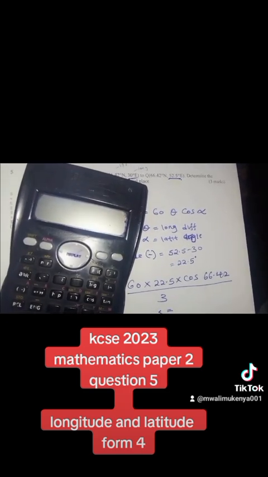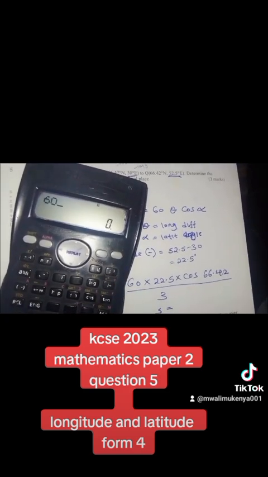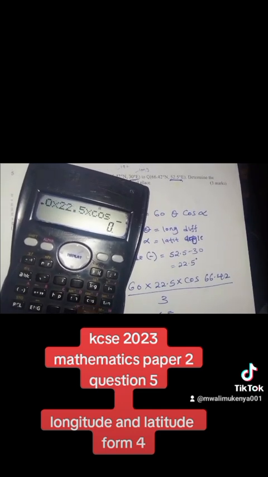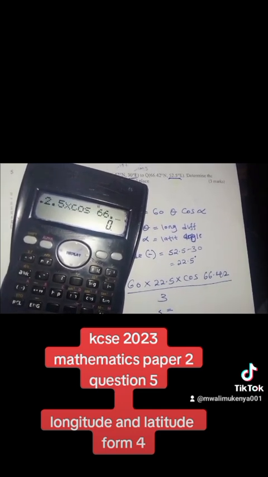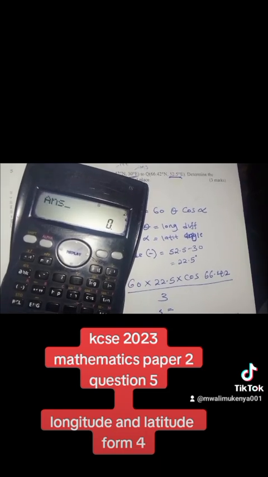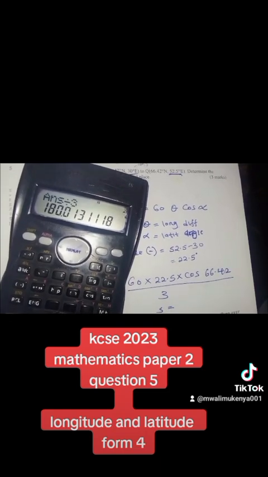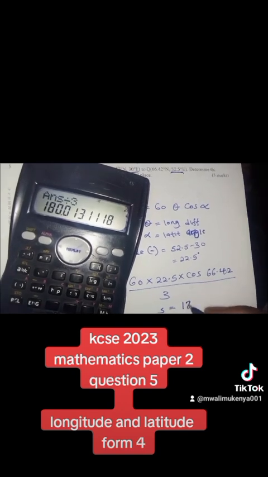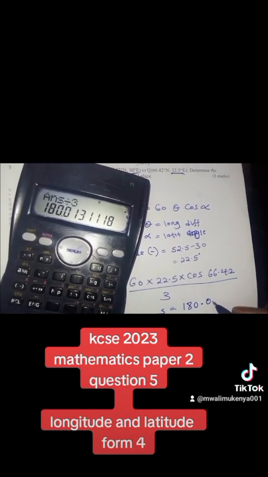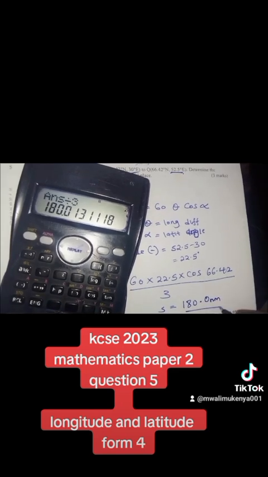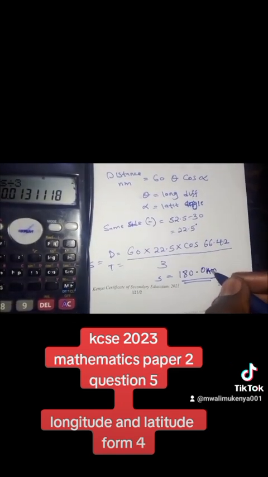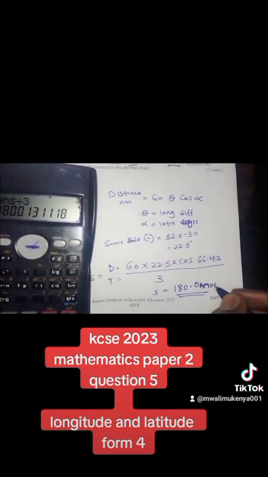We have 60 times 22.5 times cos 66.42, then we divide by 3. So I have my answer as 180.0 nautical miles per hour. Knots. Speed should be in knots.